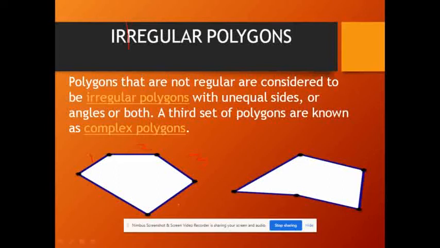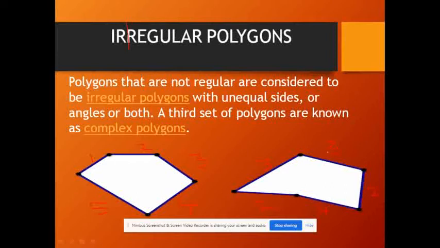The length of this varies, so if the shape consists of all its sides of different measurement, that comes under irregular polygons. This is also an irregular polygon. From the shape we come to know it is definitely a regular polygon.